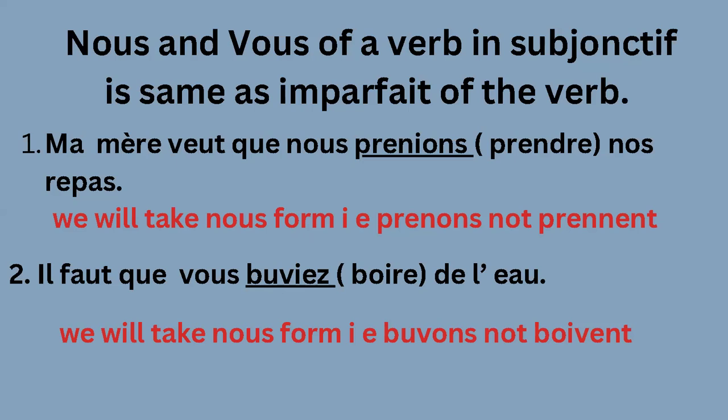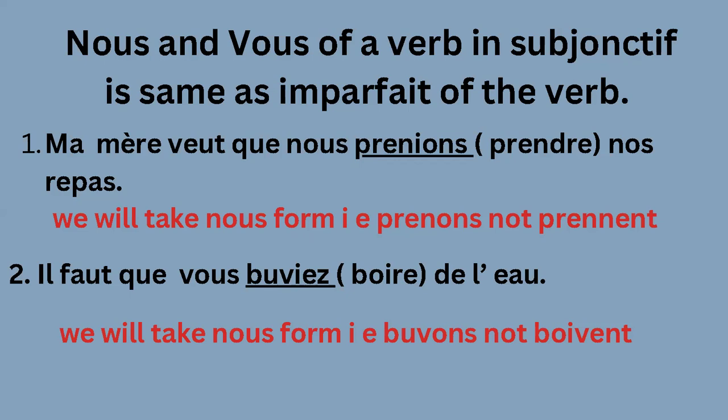Now, in the first example, I have my verb prendre and I have my subject nous before the blank. So I'm going to use the imparfait of the verb prendre. For the imparfait, we take the nous form, that is prenons, we remove the ONS, and to this pren we are going to add our imparfait ending, that is IONS.